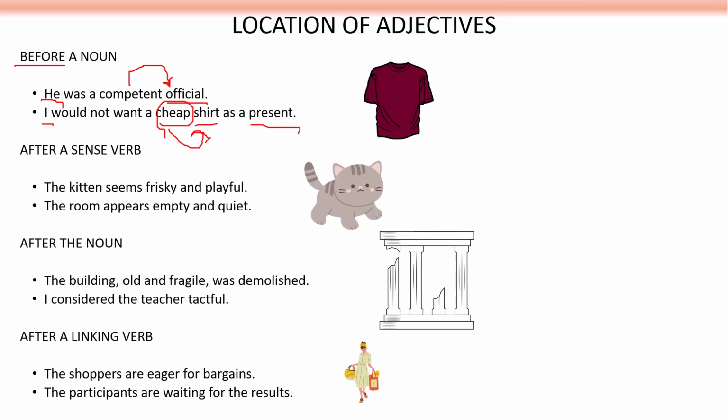The adjective is located before a noun. Kahit simple sentences lang, okay lang yan. Basta naka-pwesto yung adjective before the noun. Ang bilis lang, guys. Okay lang yan. Kahit very simple sentences lang.